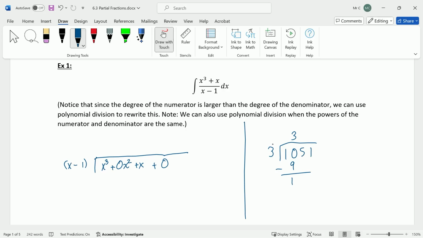And then I drop this 5 down. I've got a 15. I go, okay, what about this? How many times does 3 go into 15? Oh, 5 times. 5 times 3 is 15. Nice, I can just remove that. But again, really what I have left is 151, and what I've done is removed 150 of that.